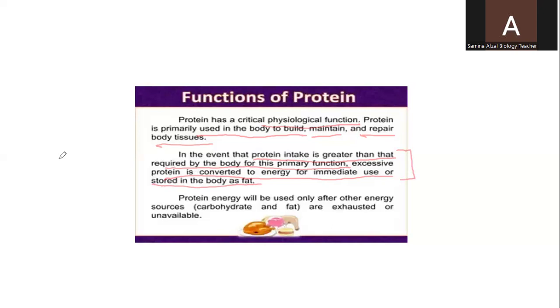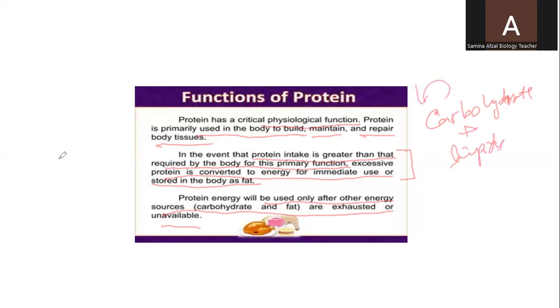It means proteins are not stored in the body. They are used up to get energy, or they are stored in the form of fats. They are not stored in the form of proteins. Protein energy will be used only after other energy sources are exhausted or unavailable. This means that most of the time we will get energy from carbohydrates plus lipids.